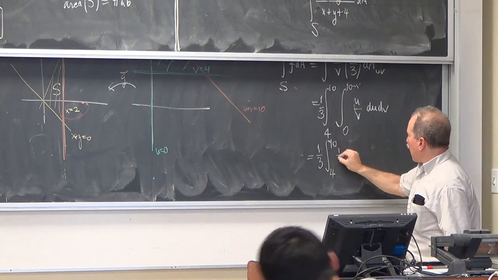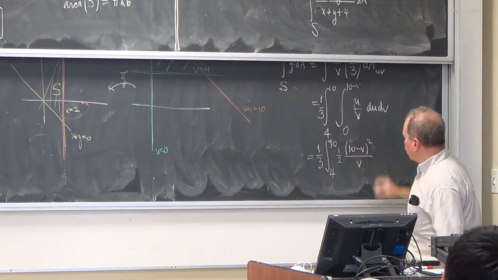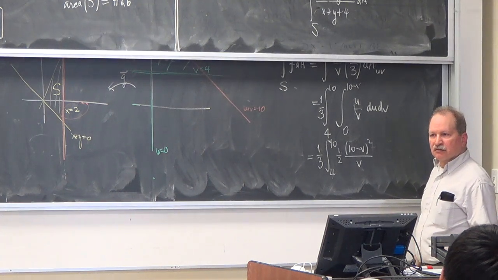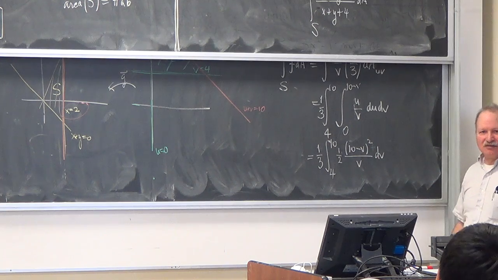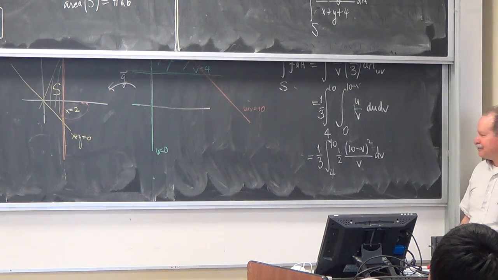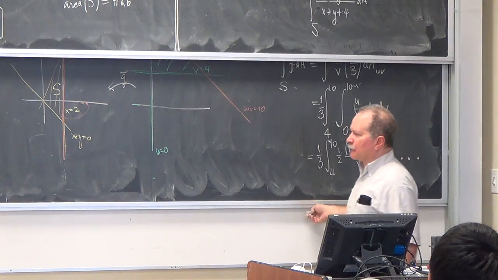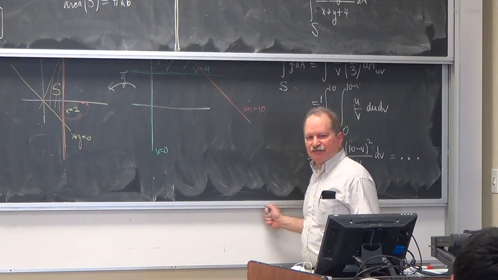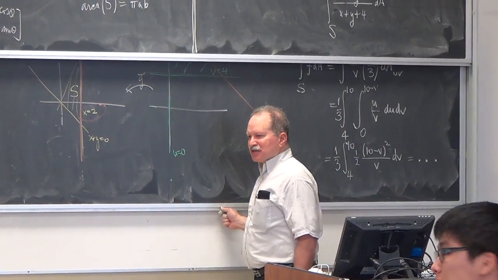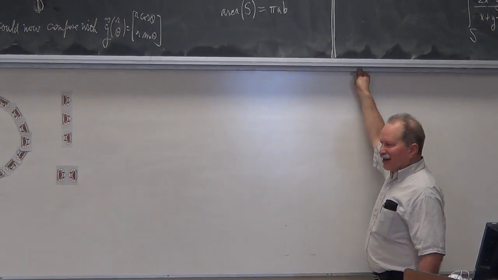So I'd have 1/2 (10 minus v) squared, all divided by v. Integrate dv, and so you just expand it out and do it. Any questions? Obviously, after the test is over, you'll have web work to do with the stuff.